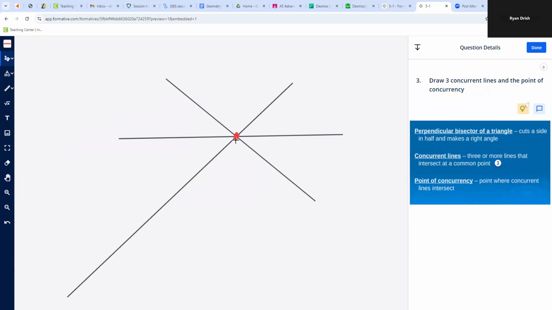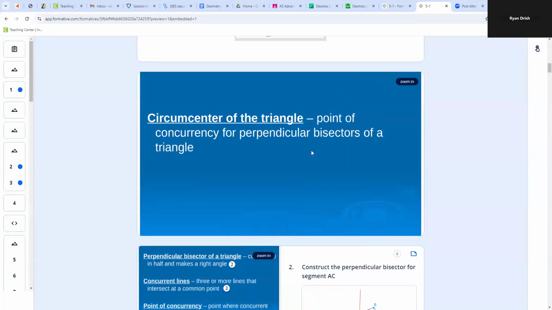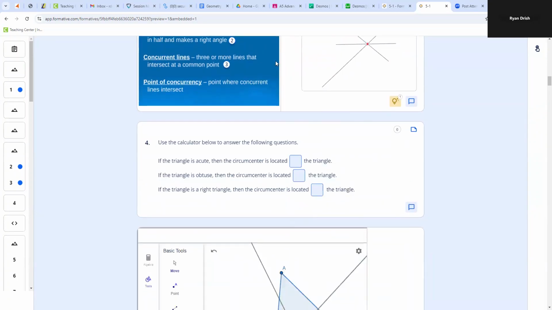So this red point would be the point of concurrency. So taking all those vocabulary words and piecing it back together, the definition of a circumcenter is the point where all three perpendicular bisectors of a triangle meet together. If you construct three perpendicular bisectors of a triangle, they will meet at a point, and we call that the point of concurrency, and it is the circumcenter.